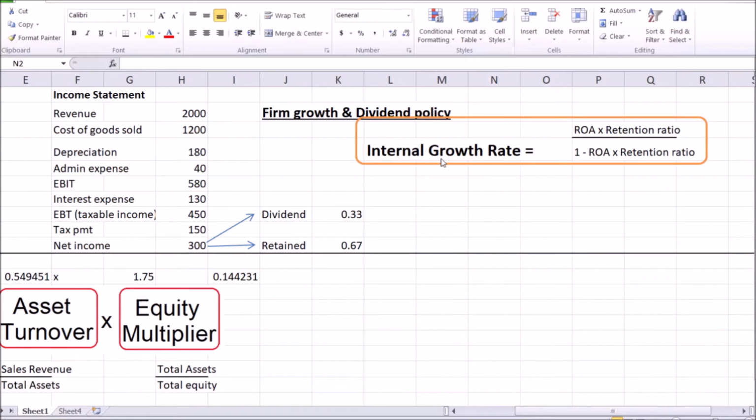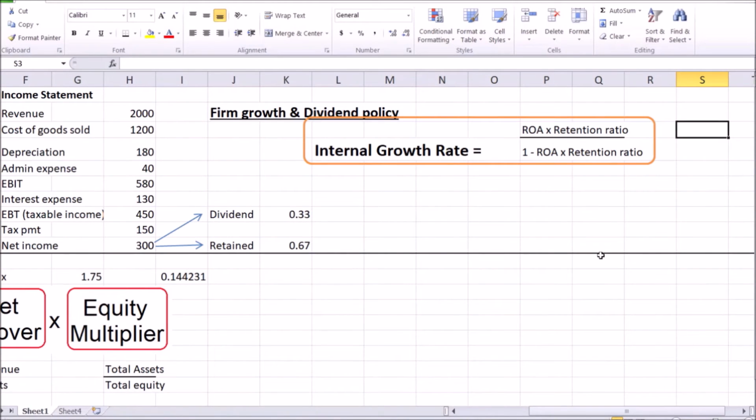And the relationship between this internal growth rate and the dividend retention ratio is as follows, where in the numerator we have return on assets multiplied by this retention ratio, and in the denominator we have 1 minus return on assets multiplied by this retention ratio.